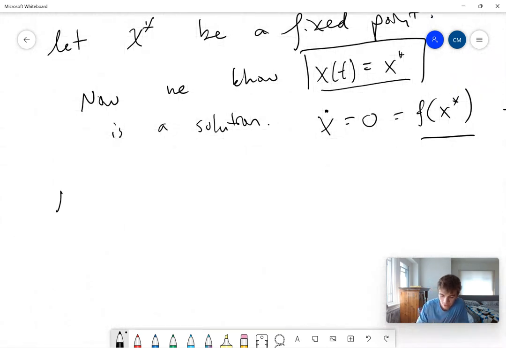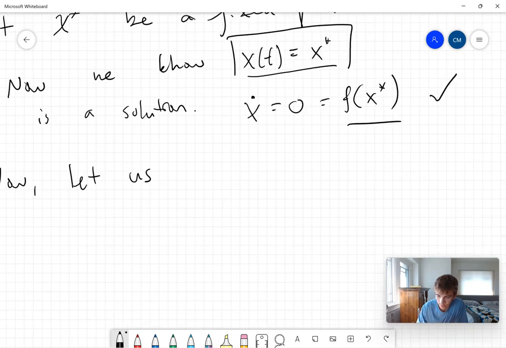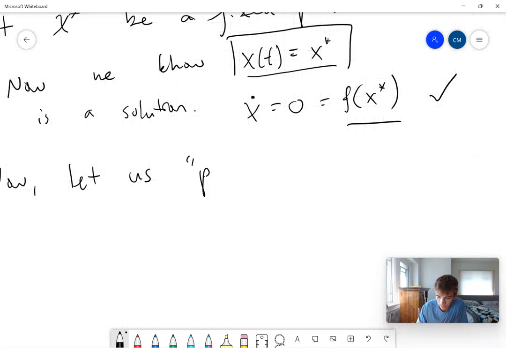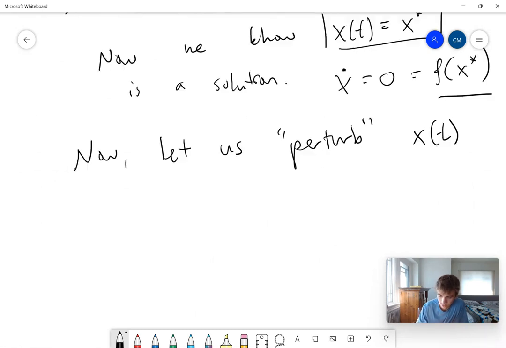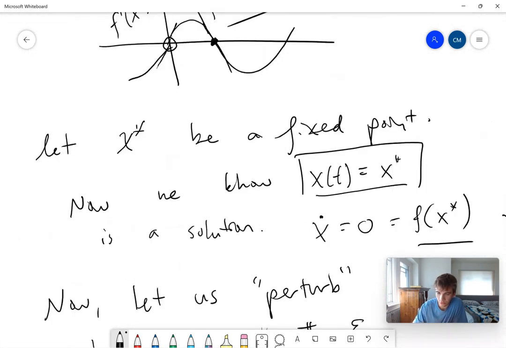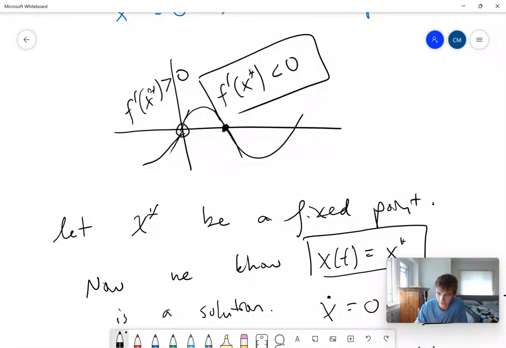Now let us perturb x of t by a small number, epsilon, okay? So the idea is we're going to start at this fixed point here, and we're going to move along the line a little bit by a factor of epsilon.